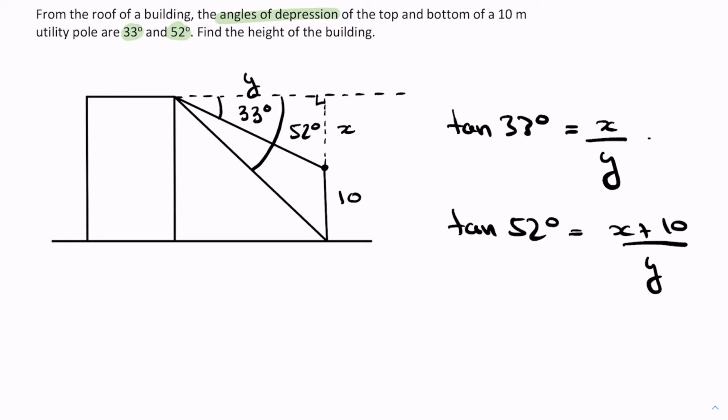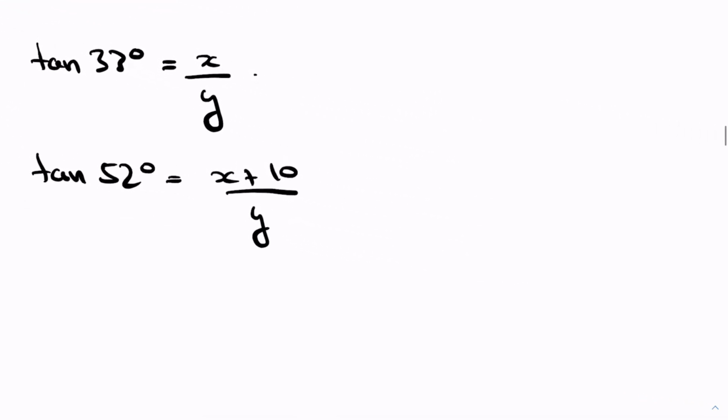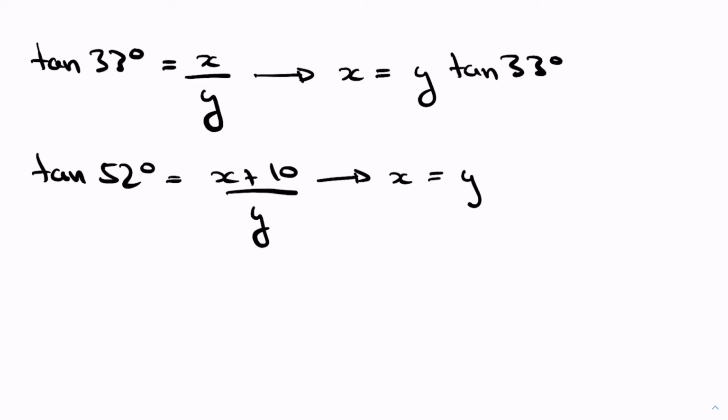I'm going to rearrange these equations so that I can solve for one of the variables. Isolating for x, I get x equals y tan 33, and over here x equals y tan 52 degrees minus 10.